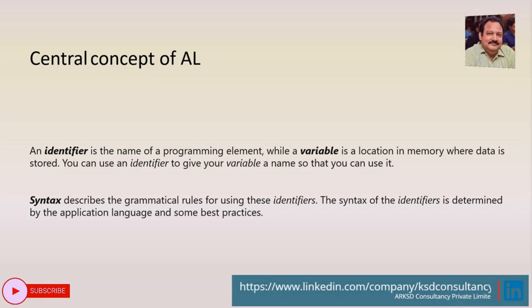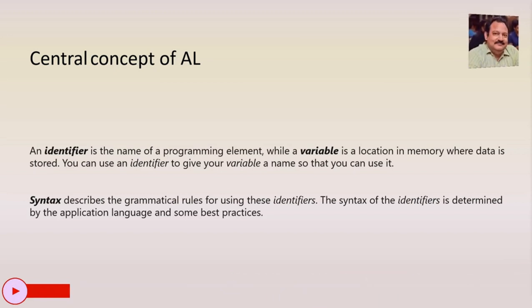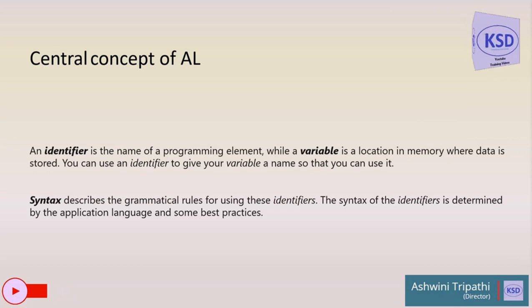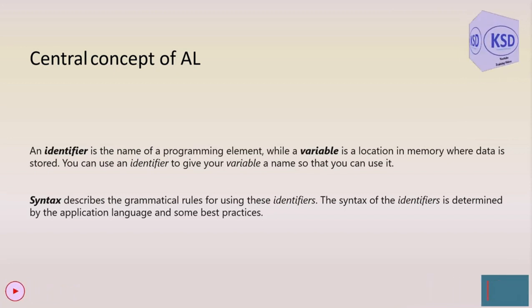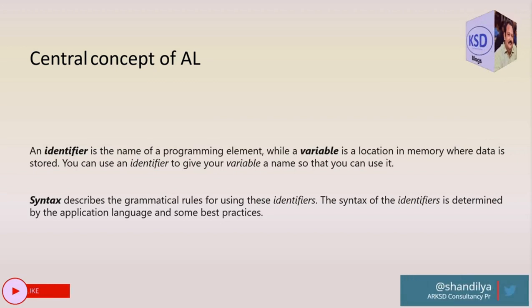In normal language you can communicate professionally, you can communicate technically, and so on. So there are some best practices which we should follow to communicate our instructions to the system, or your syntax.